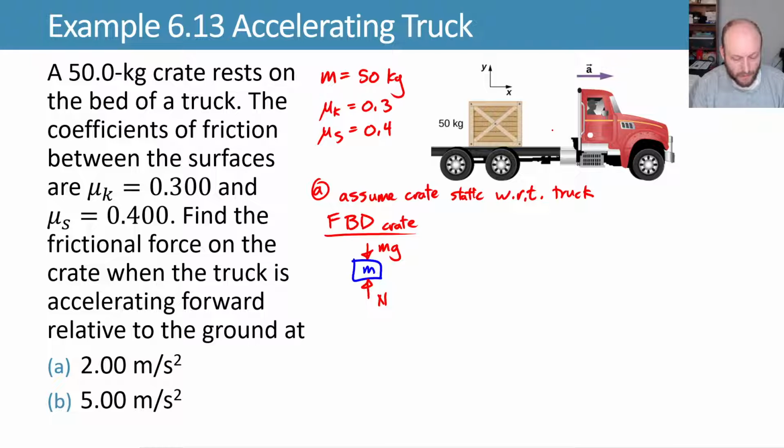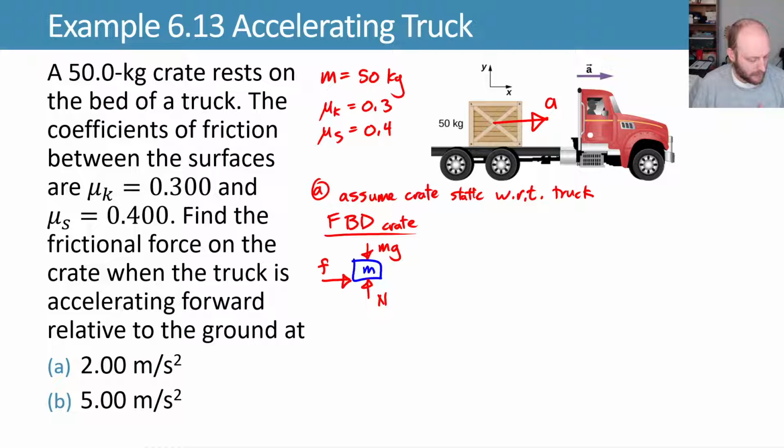So friction has to oppose that direction of motion and has to move this way. In other words, the reason this crate would be accelerating with the truck has to be because of friction. So the acceleration of the crate, if it's going to equal the acceleration of the truck, has to be because friction is dragging it along with the truck. All right, we have our free body diagram.